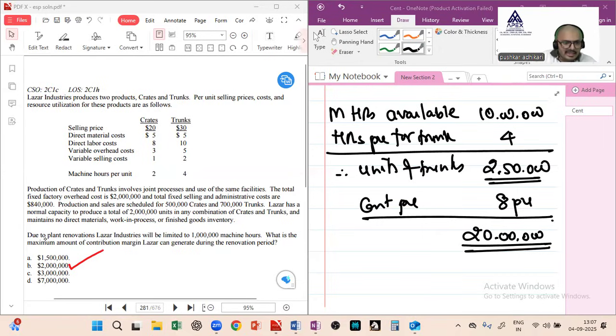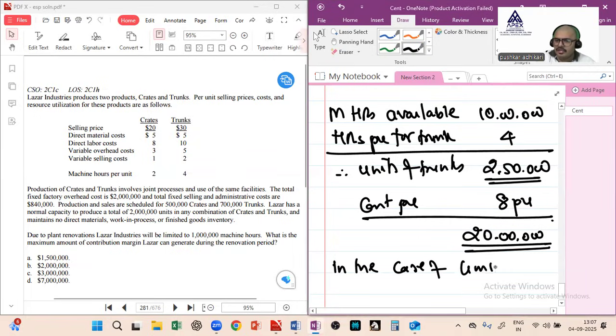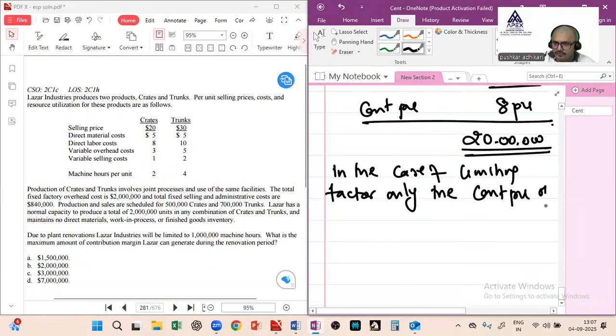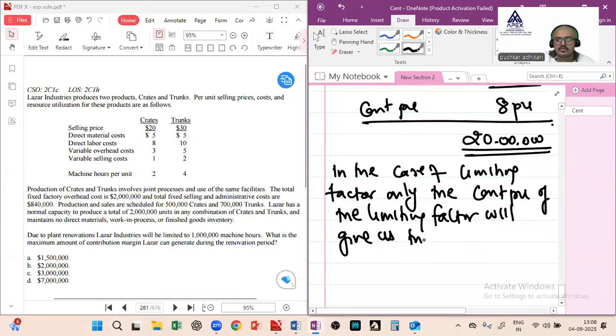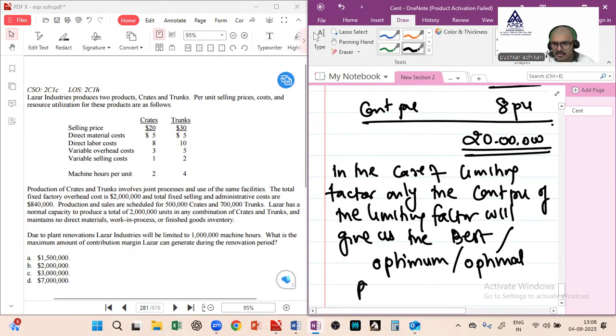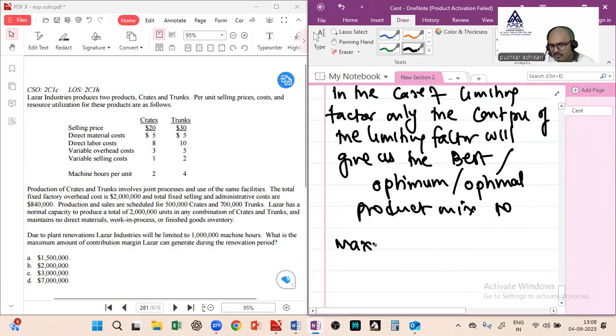Please try to understand that in the case of limiting factor, only the contribution per unit of the limiting factor will give us the best or optimal product mix, this is the main word, to maximize contribution.